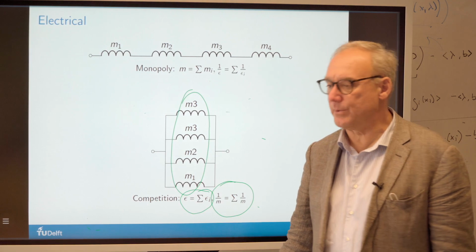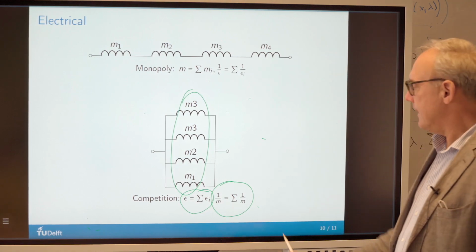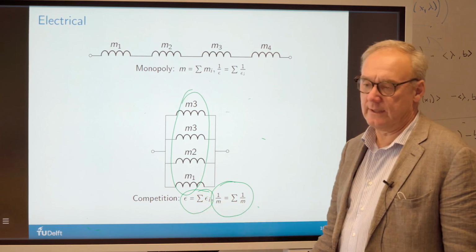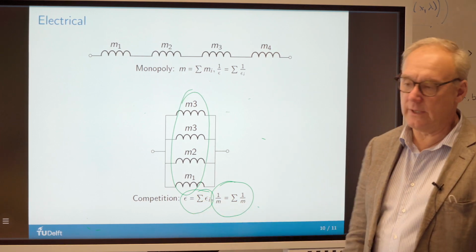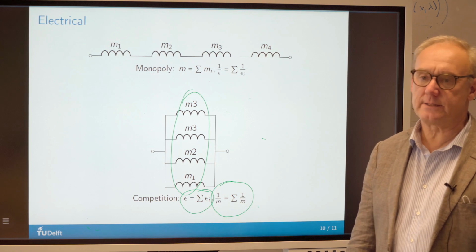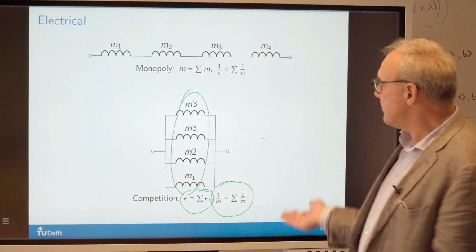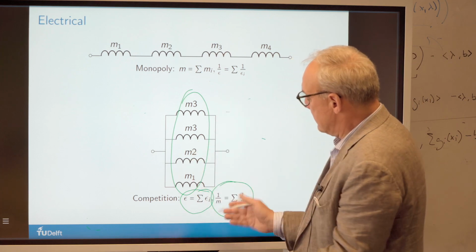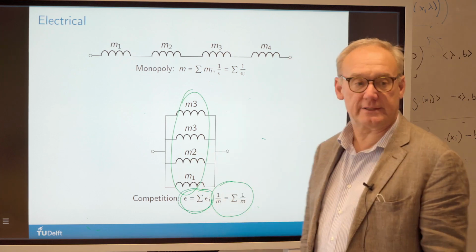This is an important point. Elasticity is easier. Elasticity is what the economist uses. So he used the inverse of the mass. So from his perspective, this is the natural way. You're just adding up the elasticities.